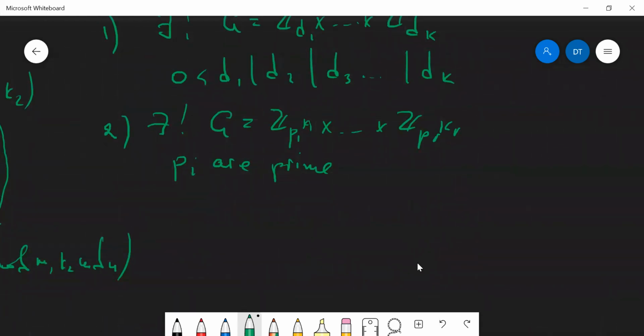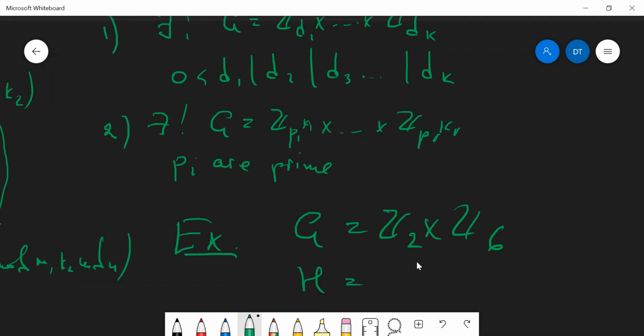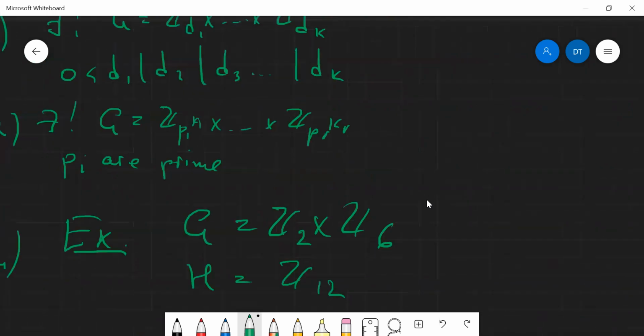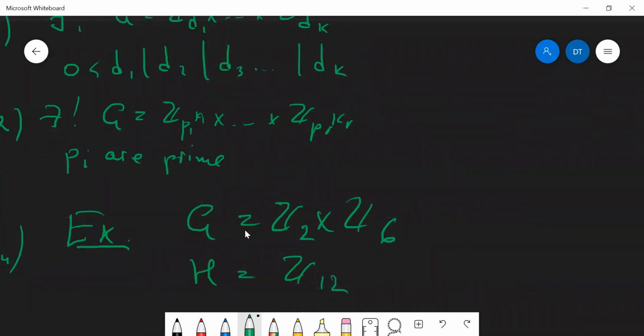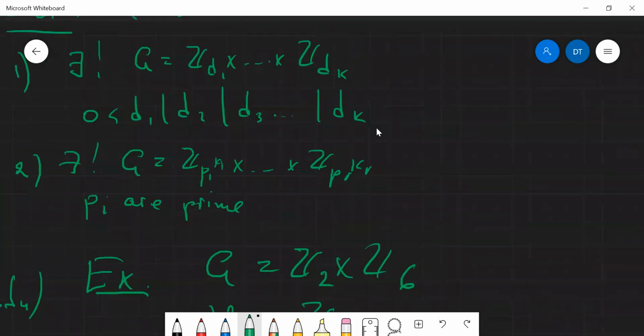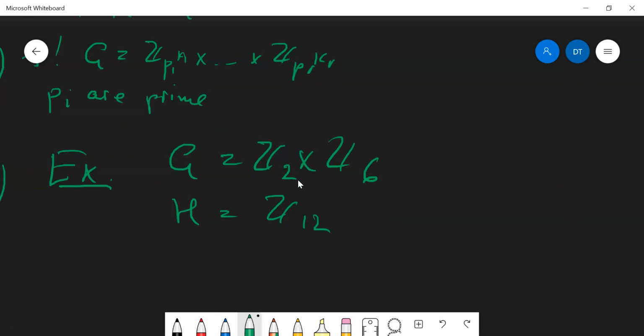So let me show you several examples. Suppose we are given two groups, G, which is Z2 times Z6, and H, which is Z12. In this case, G and H are presented in the first form, because you see, here we have cyclic groups and 2 divides 6.